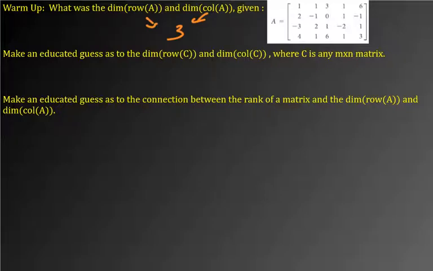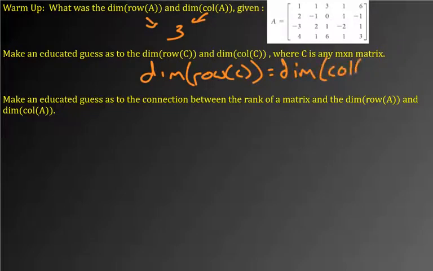And it's reasonable, because they were both the same, to think that for any arbitrary m by n matrix, the dimension of the row space of C would probably equal the dimension of the column space of C. And that is actually true.